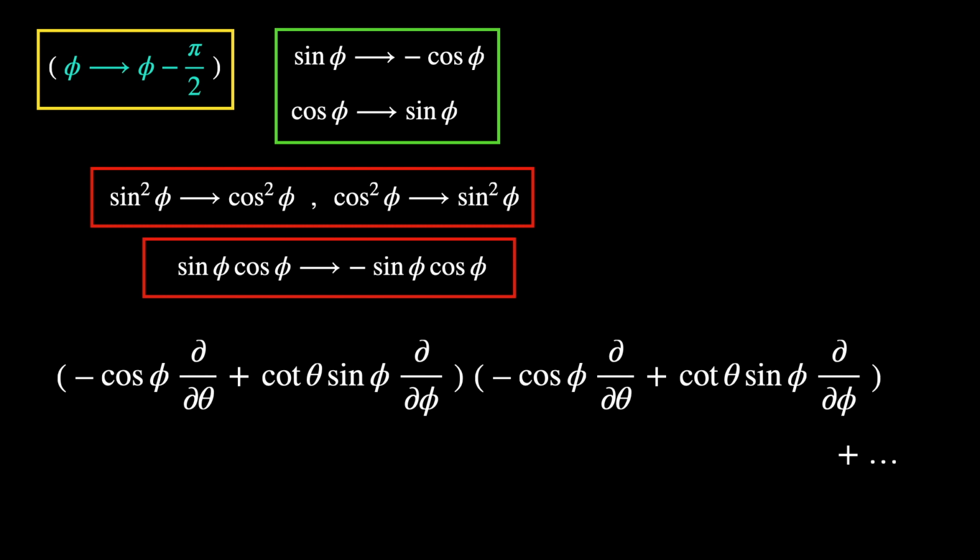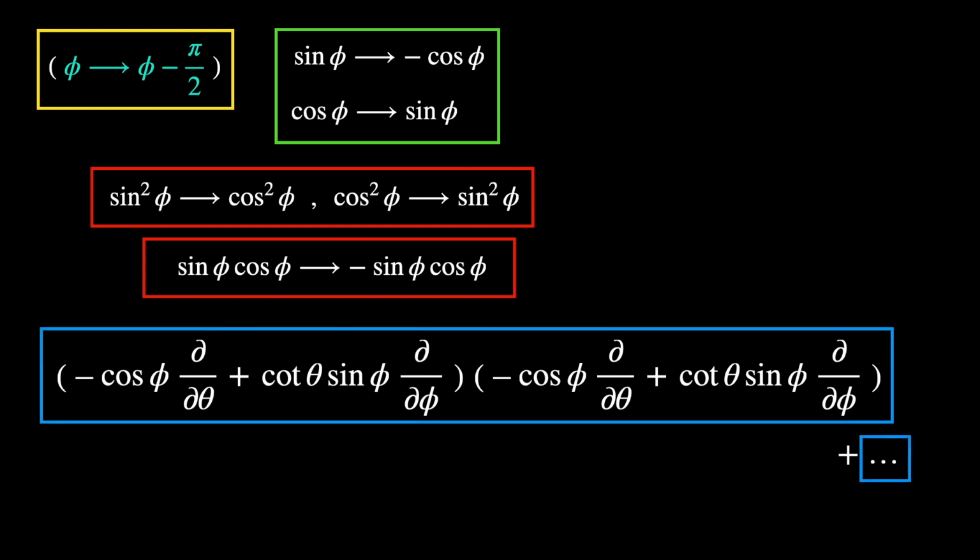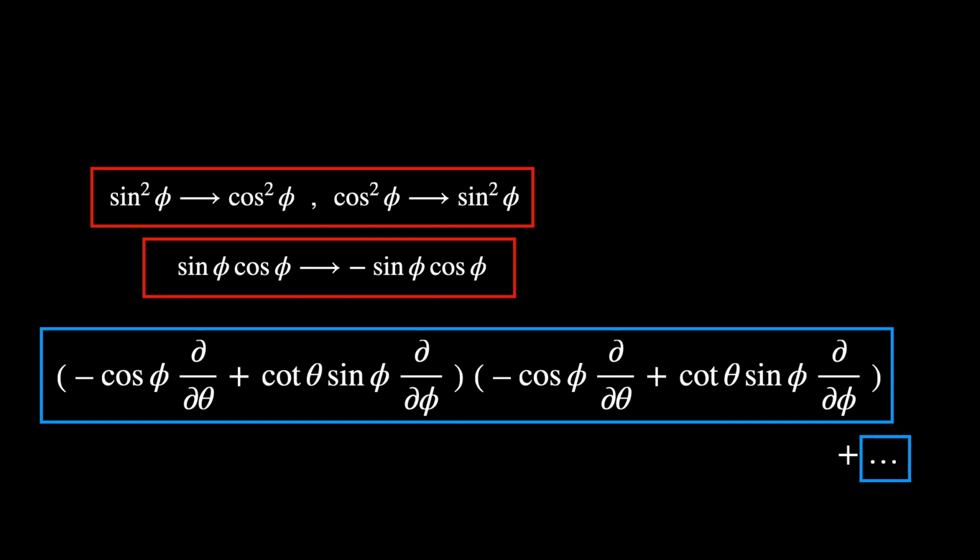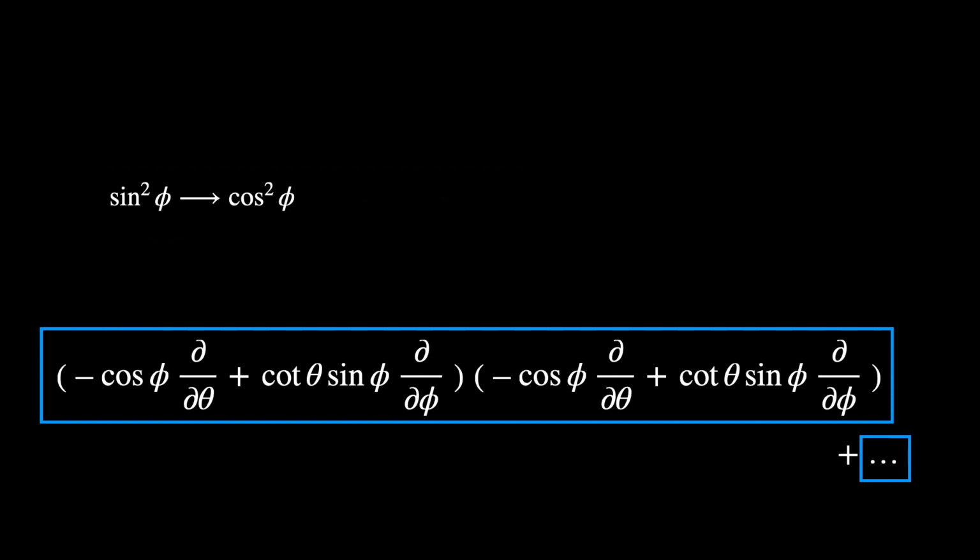To make it even more convenient, we further modify them in order to directly include the terms in the second blue box below, such that by just transforming the first blue box, we get the result of the full sum. Let's take the first transformation as an example. We can map the original term, the square of sine phi, into the sum of itself with its transform. The result is obviously 1.